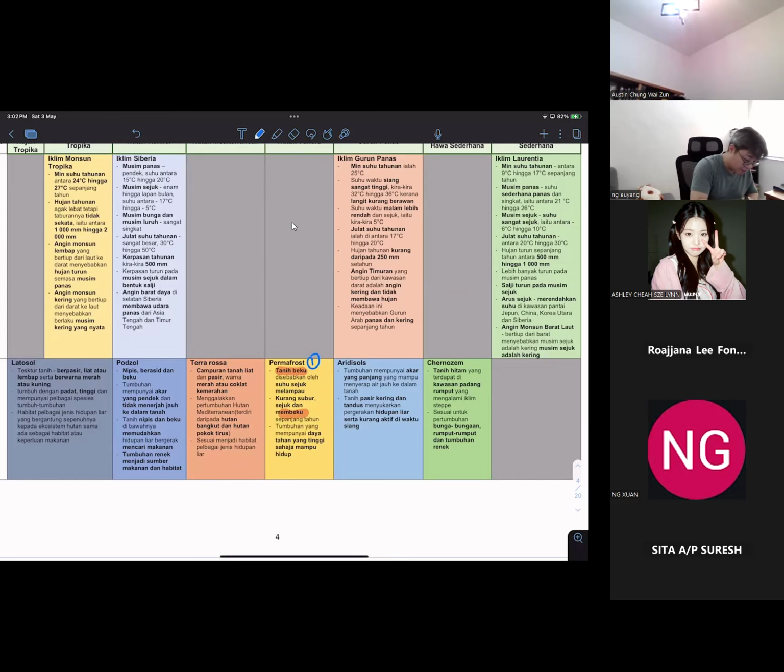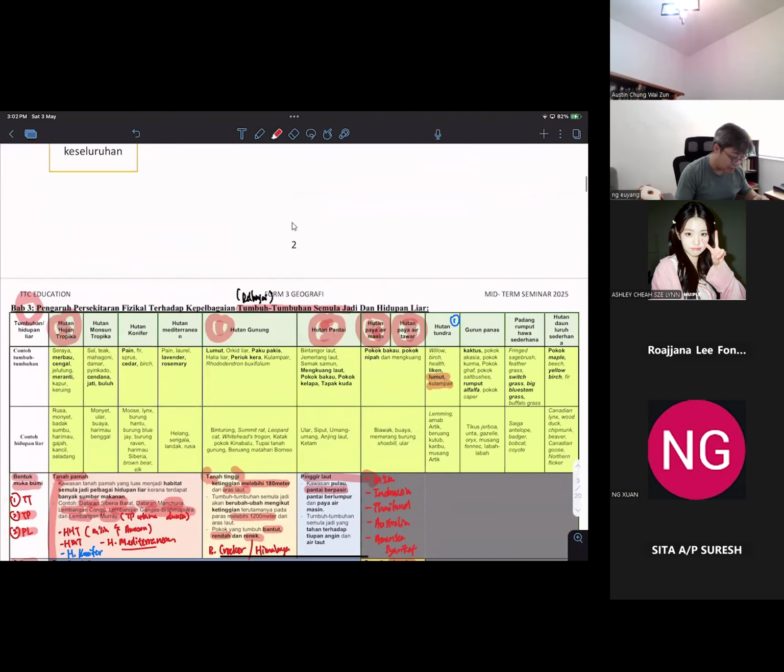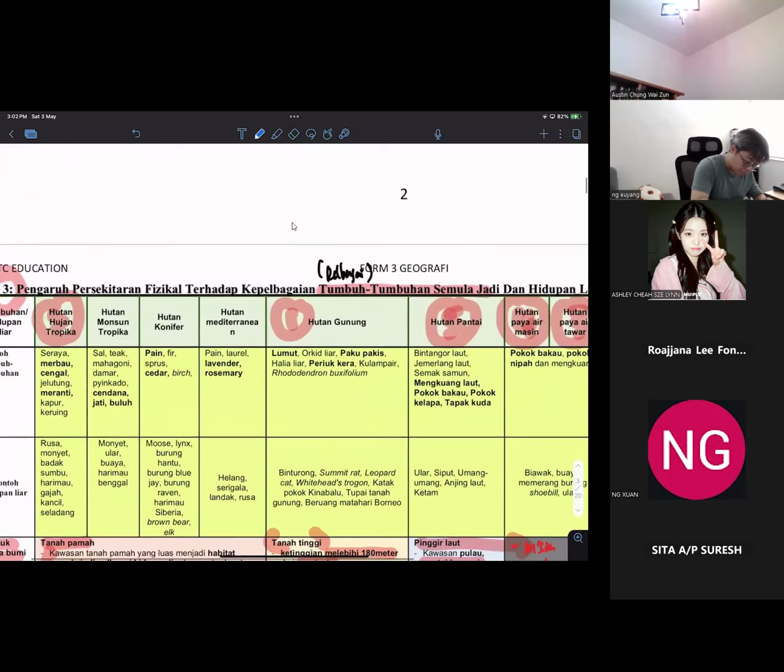Another P, right? Podzol. Podzol is also beku, but thinner, and the black color is because of acid, right? Okay, so tanah podzol is within which iklim? Below the tundra will be iklim Siberia, right? So Siberia will be the hutan conifer.